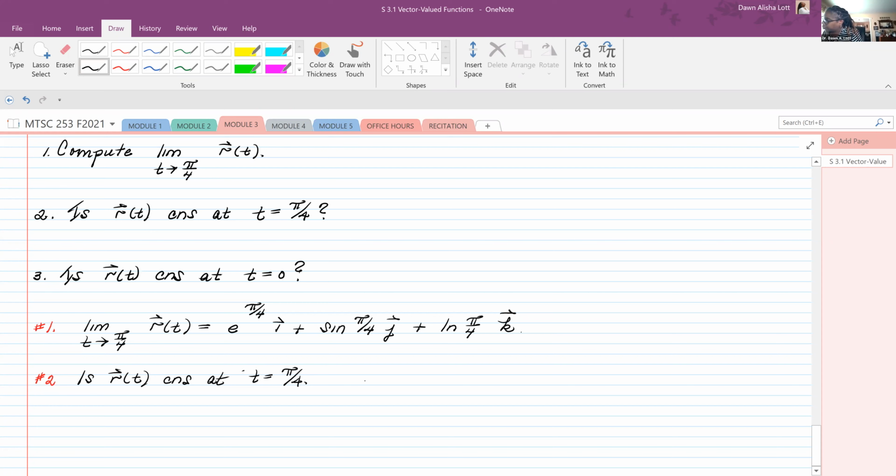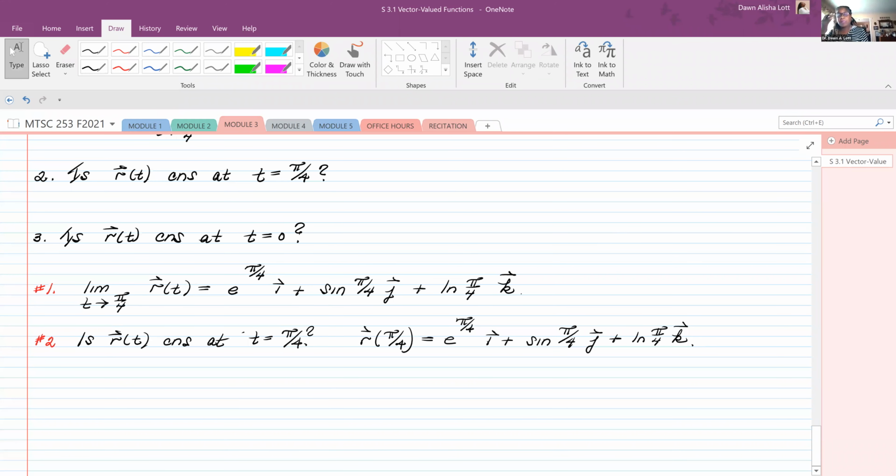Well, r of pi over 4 is simply e to the pi over 4 i plus the sine of pi over 4 j plus the log of pi over 4 k. And they're equal. So the limit and the function value are equal. So yeah, that is the case.